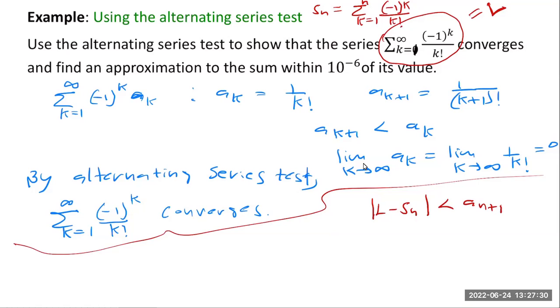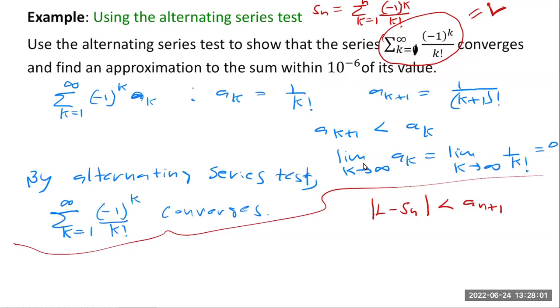So to find an approximation to the sum of the original series, I need to make sure that my A(n+1) is a small number. I'm going to plug in various values for n and see when I get this number less than or equal to 10 to the power minus 6. I want my sum to be within 10 to the power minus 6.